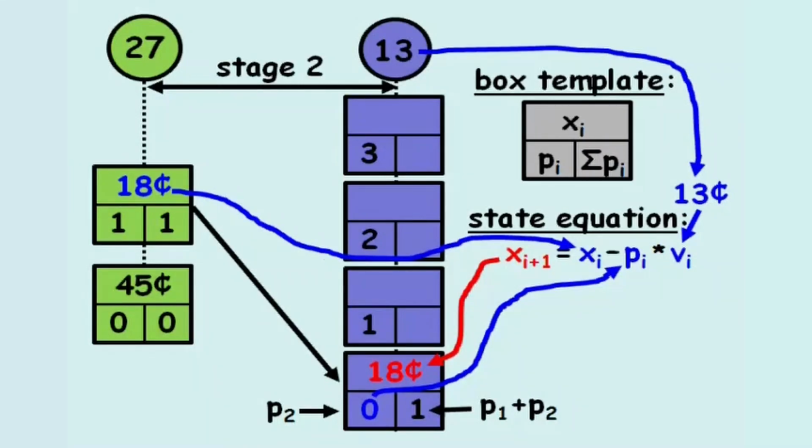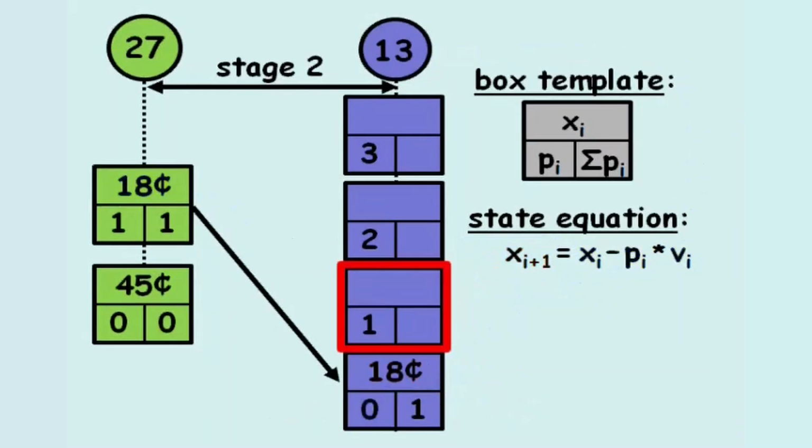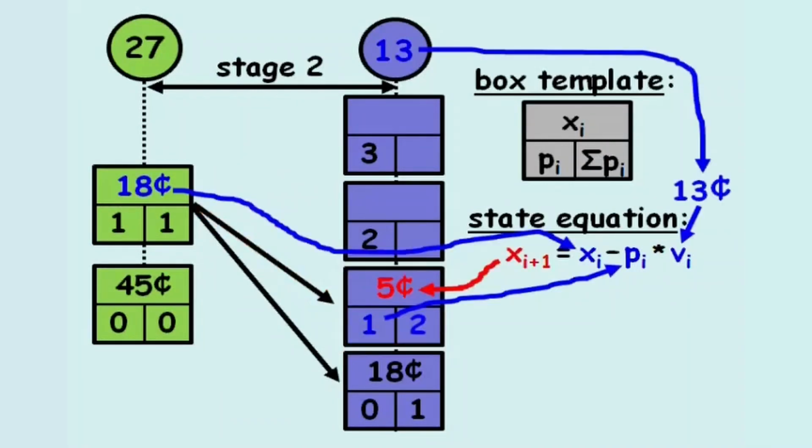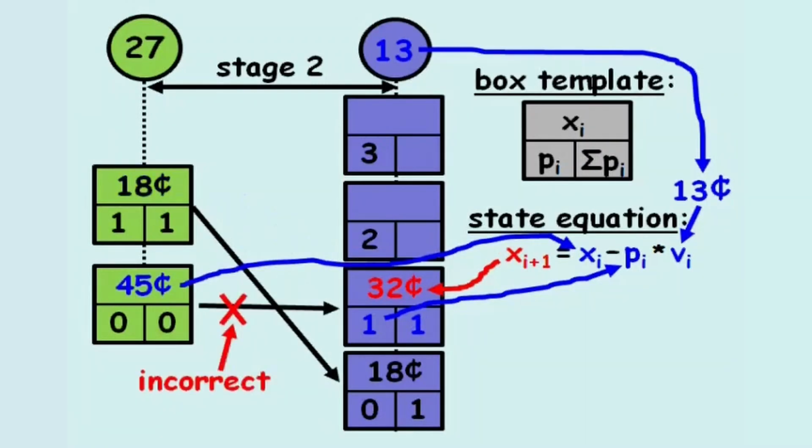If there is 1 13-cent coin in the change, then along with 1 27-cent coin, there is only 5 cents of change left to be made. We chose to come from the box with 1 27-cent coin because if we came from the box without a 27-cent coin, there would be 32 cents of change left to be made.